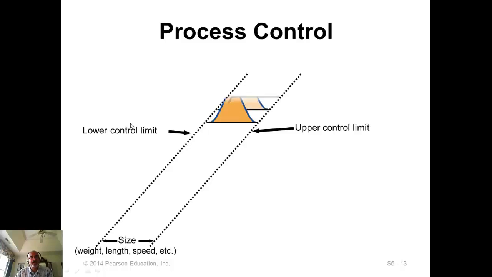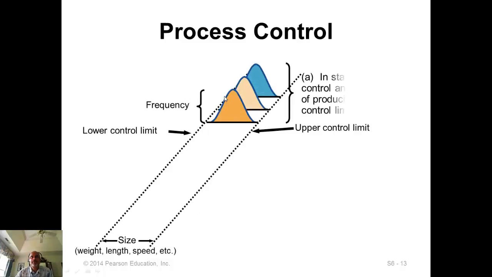Here is the lower limit and upper limit, and if the production process is in control, you're going to see a process something like this: statistically in control and capable of producing within the control limits.